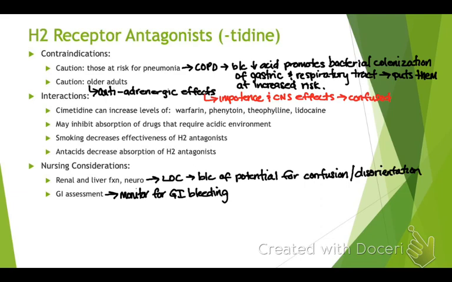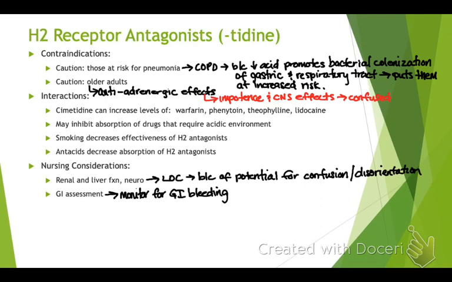Contraindications, again, caution those at risk for pneumonia, patients with COPD. This will affect them because it decreases the acid, which helps to promote bacterial colonization of the gastric and respiratory tract. So it puts them at increased risk of having issues.